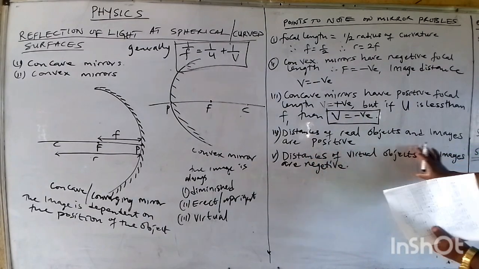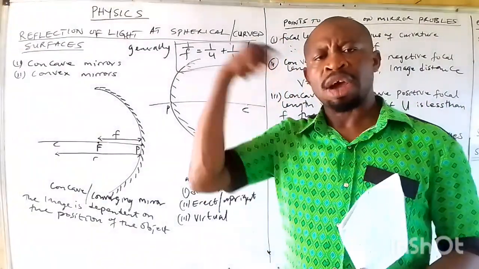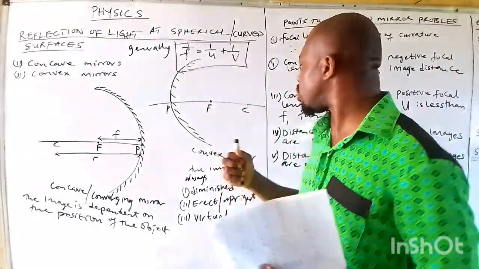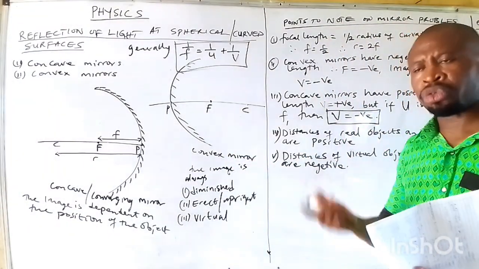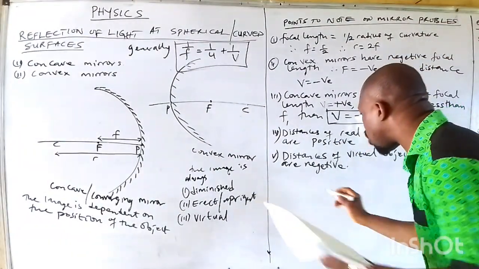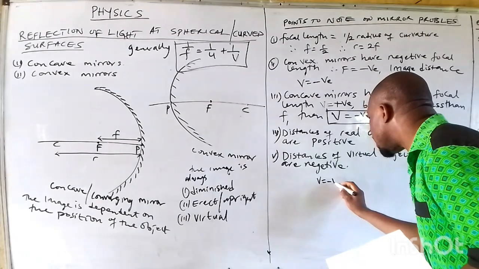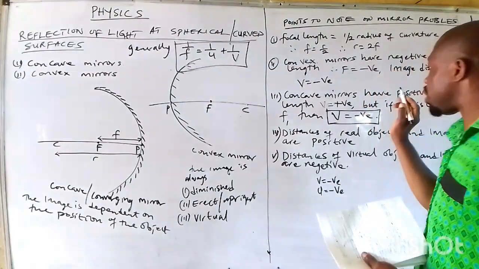Now, distances of virtual objects and images are negative. If the object is virtual, or maybe the image produced is virtual also, then v is negative, and u is also negative.